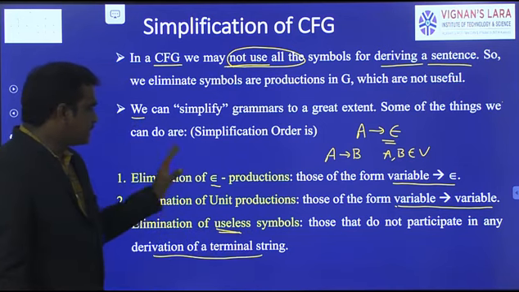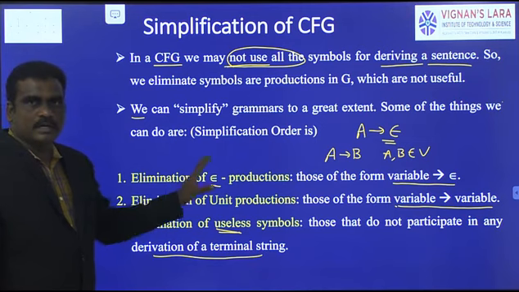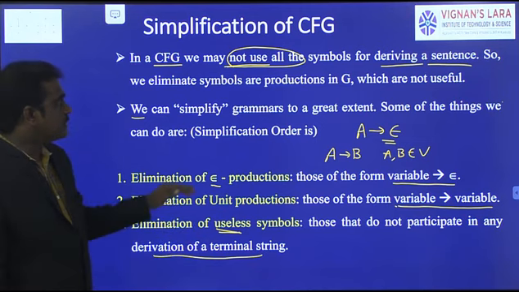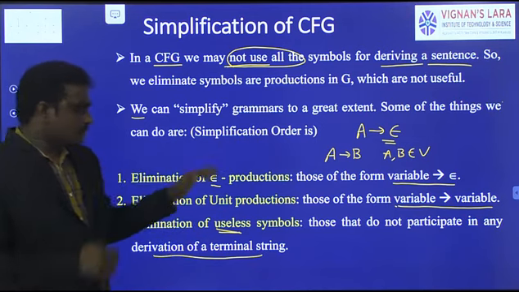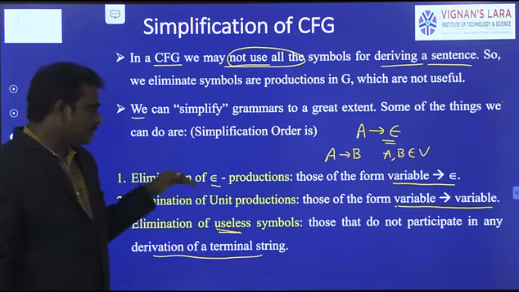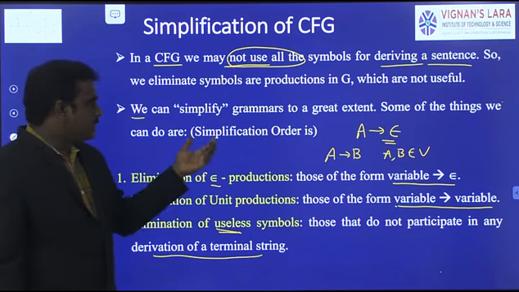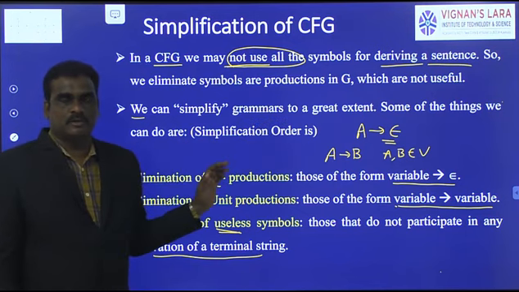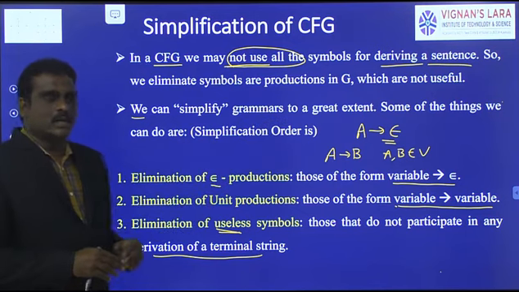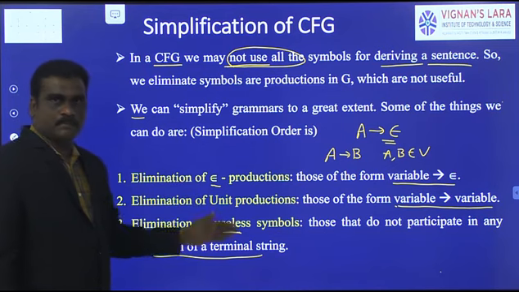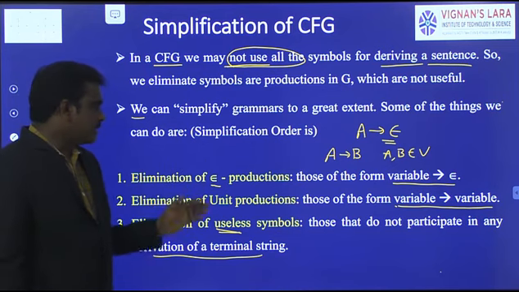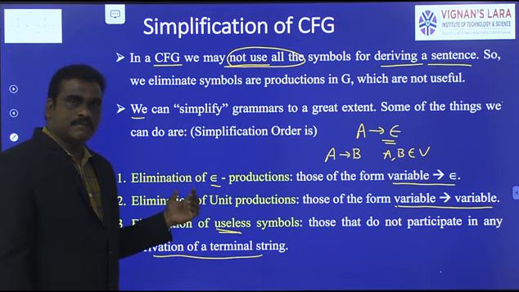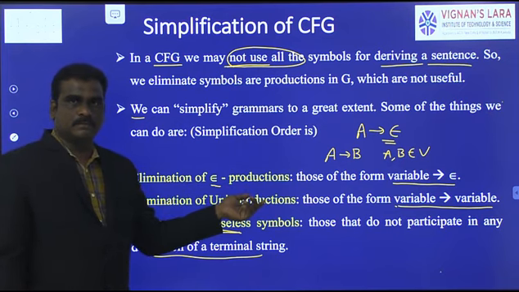So these are the simplification of context free grammar steps. The simplification order is: the question may come, simplify the following grammar. So the grammar is a context free grammar, and we should follow this order. The first step is elimination of epsilon production.